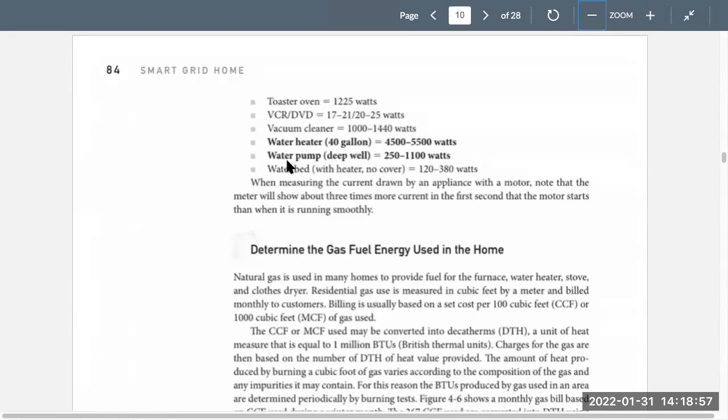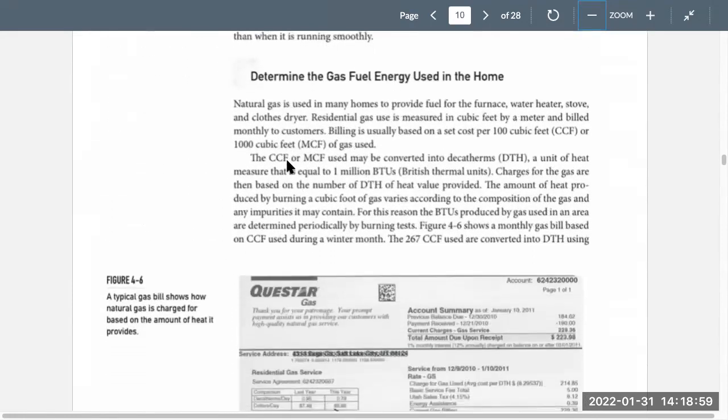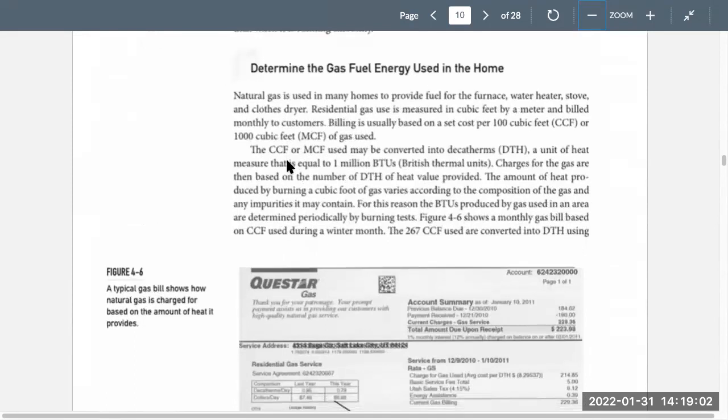These are just examples. Now they go on and talk about if you want to determine how much gas fuel is being used in the home, you would simply have to look at your bill. That's really the easiest way to do it on gas because it's already metered.